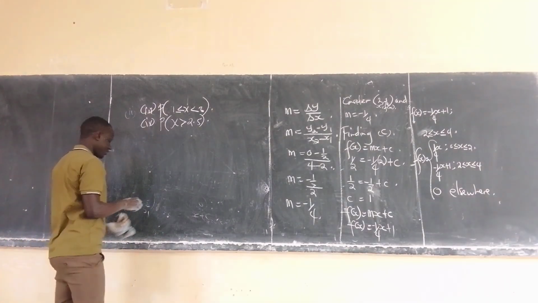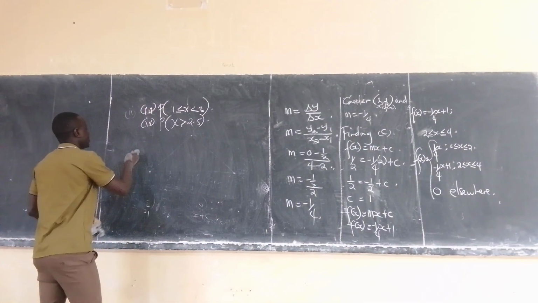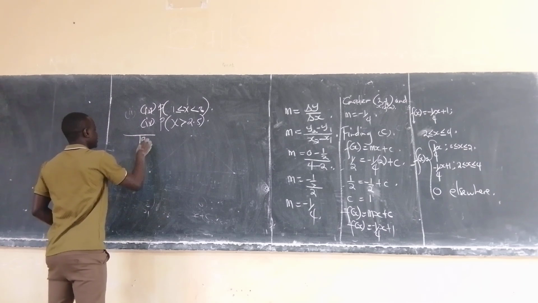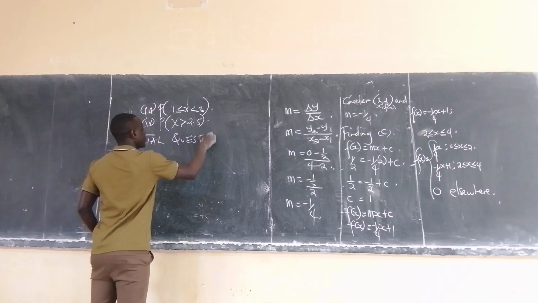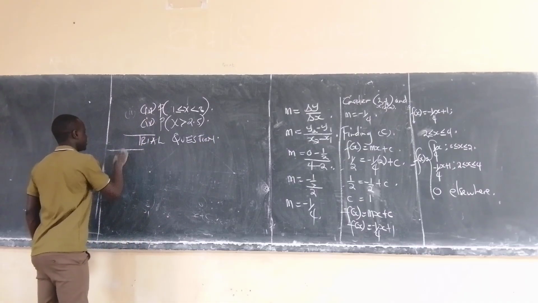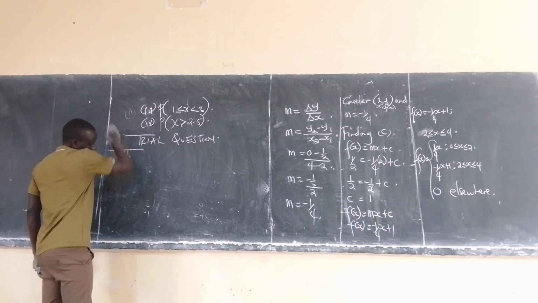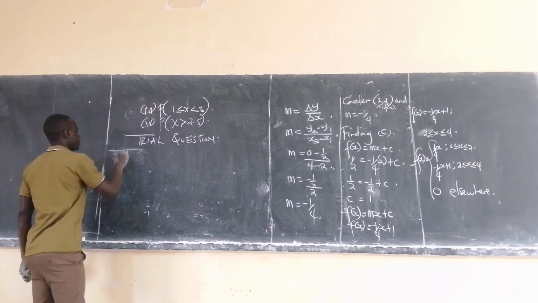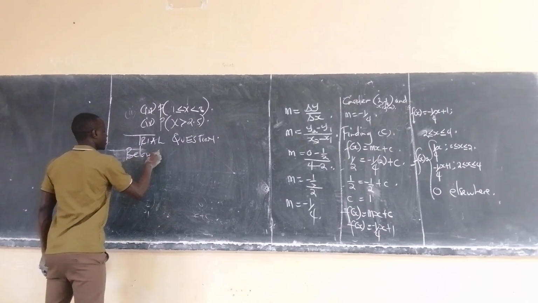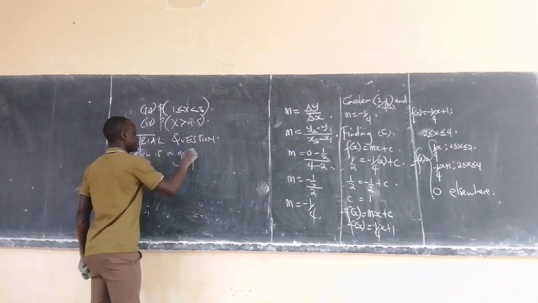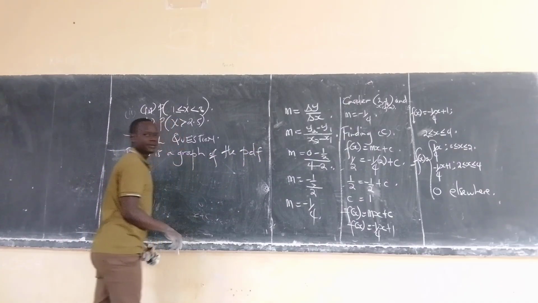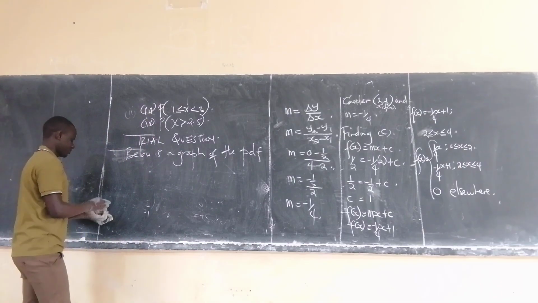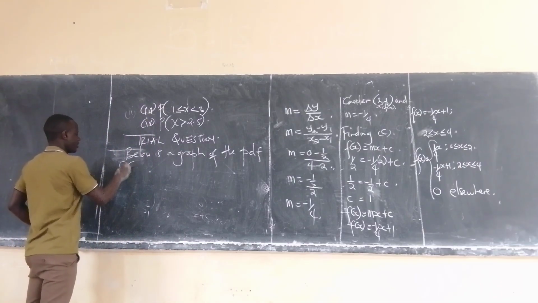Then still in your free time, you can try out this. It's a try question. It says that below is a graph of the PDF, small f of t.